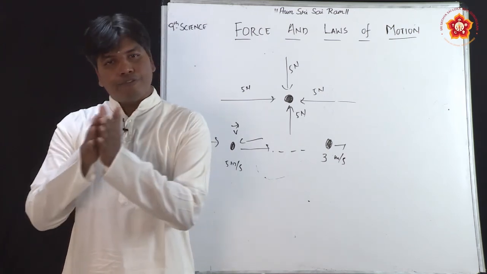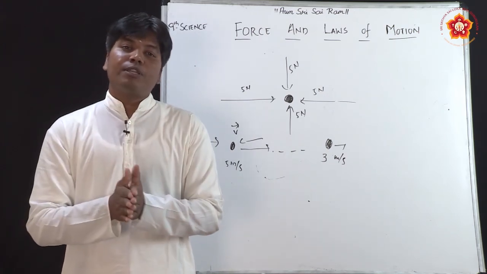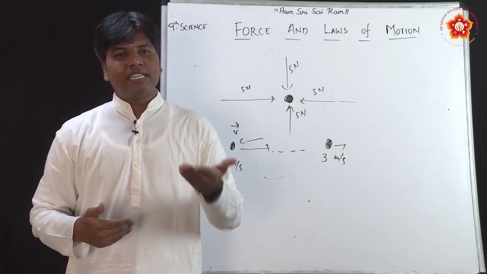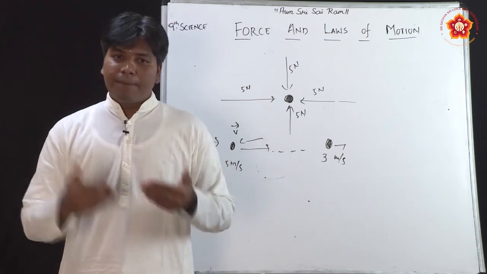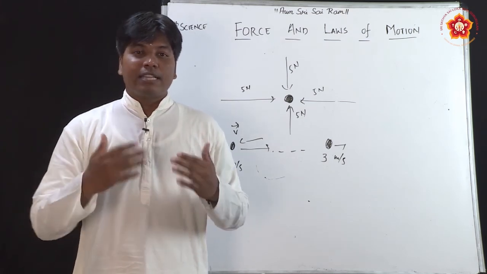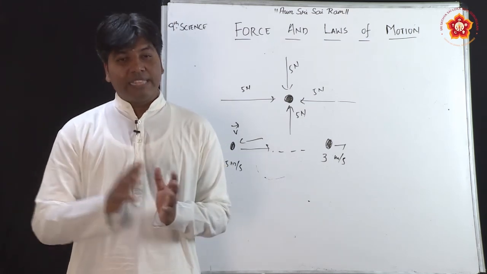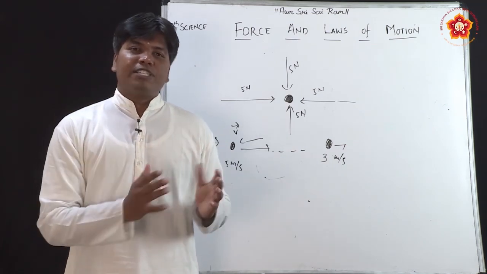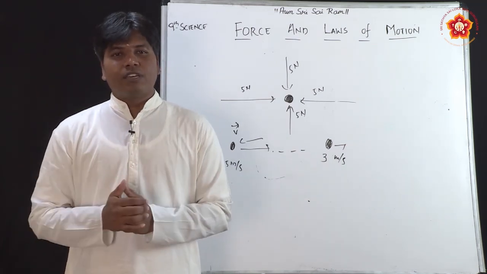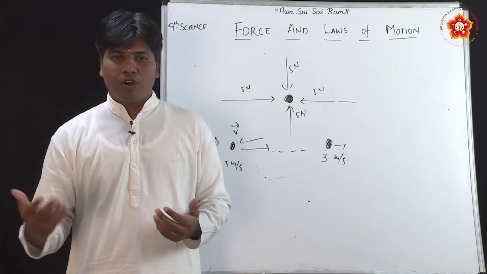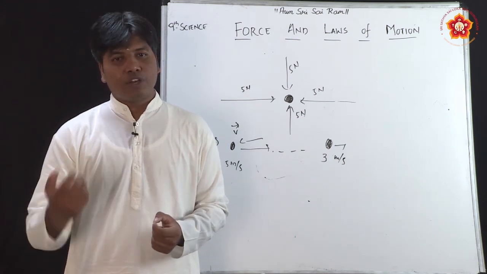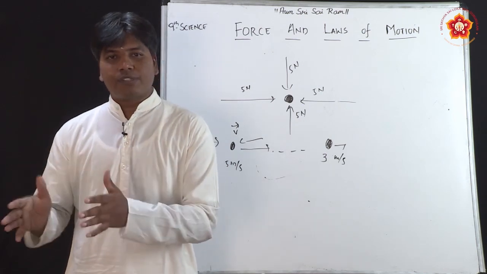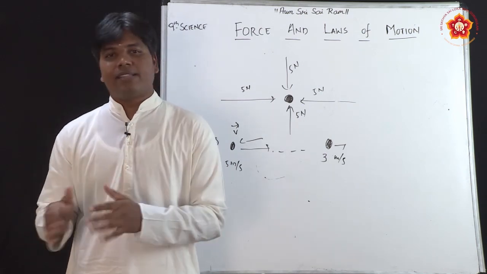Then we dived into force, and we studied the branches of mechanics, which are called kinematics and dynamics. Kinematics deals with only the motion, but dynamics deals with the cause of the motion. With the basic definition, we studied force, which we call a push or pull on an object which changes its velocity. And then we studied the kinds of forces, which are balanced and unbalanced.